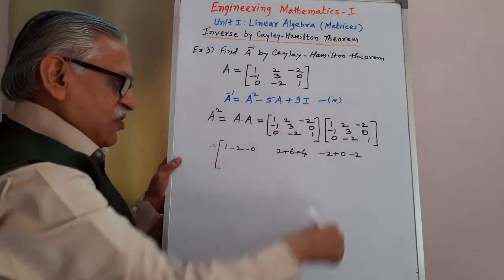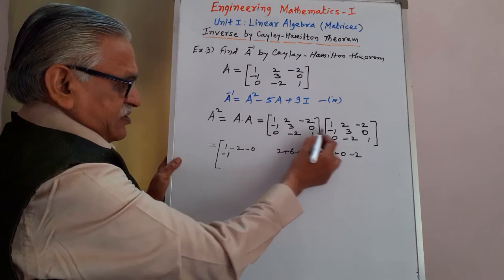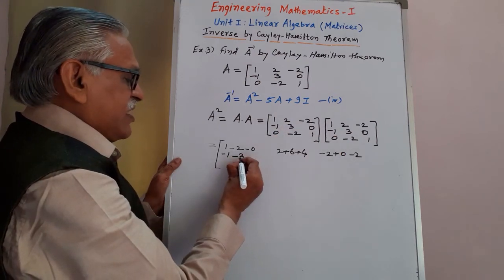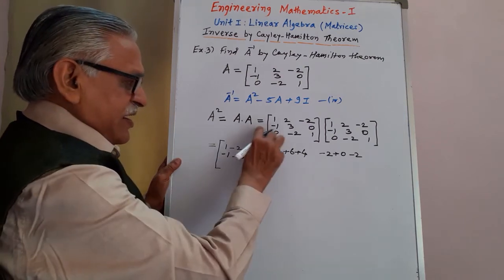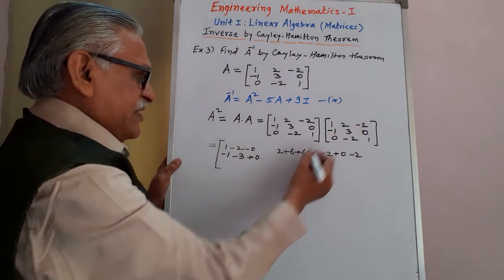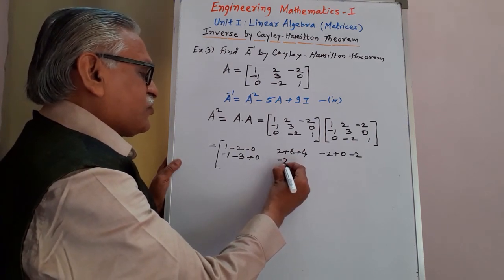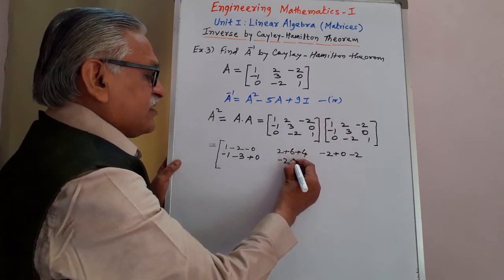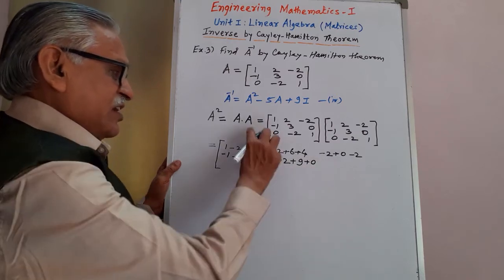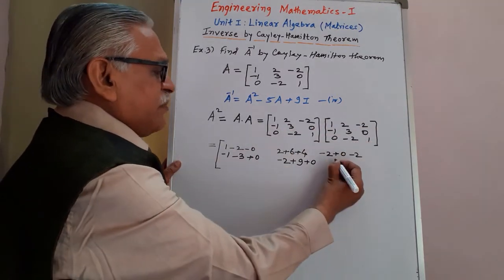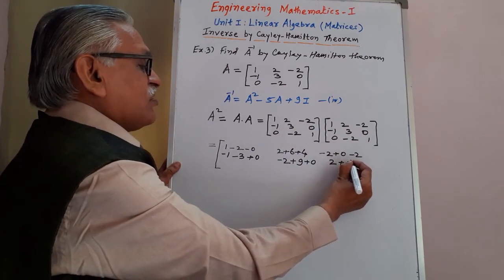Then by second row to all these columns, 1 into minus 1, minus 1, 3 into minus 1, minus 3, 0. Then by second row to the second column, elements are minus 1 into 2, we get minus 2, 3 3s are 9, and 0. Then by second row to third column, elements are 2, 0, and 0.